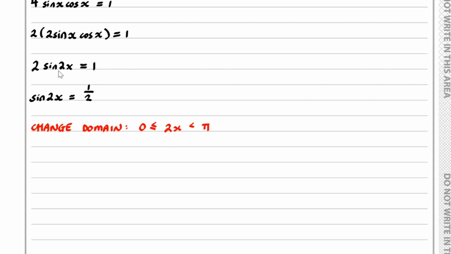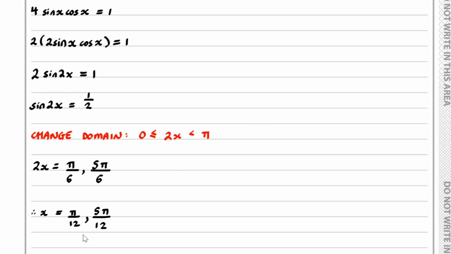And so if I solve sin 2x equals 1/2, well, 2x will equal pi over 6, and the next value, pi take away pi over 6, which is 5 pi over 6. And so therefore x is equal to pi over 12, 5 pi over 12. Here are our solutions.